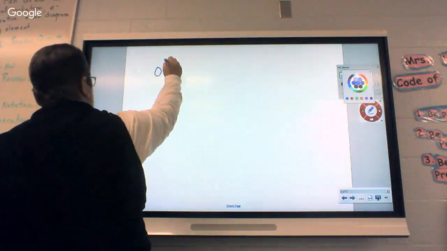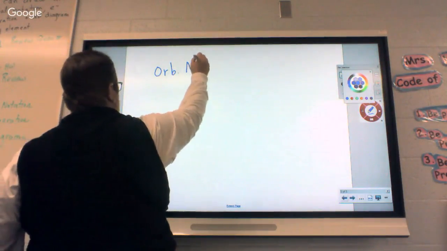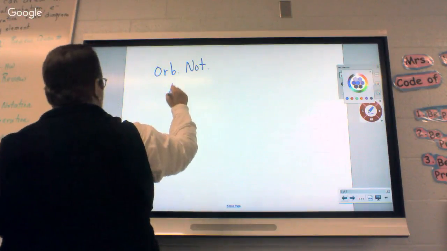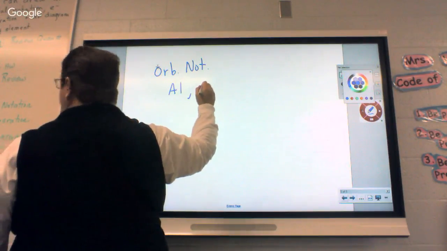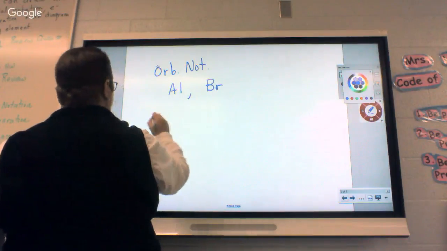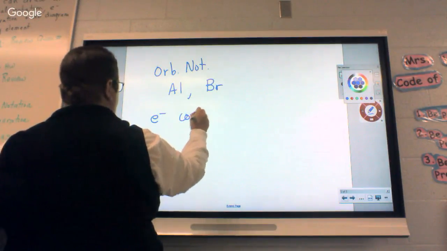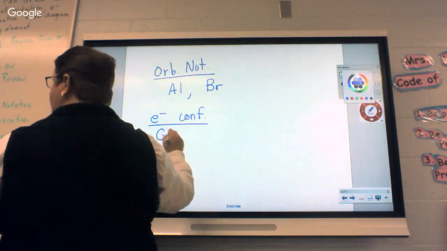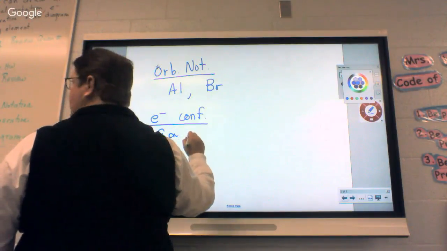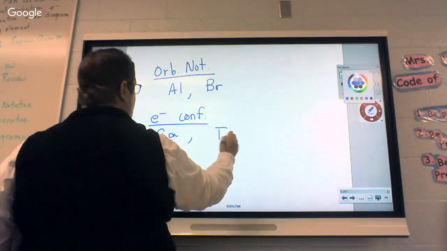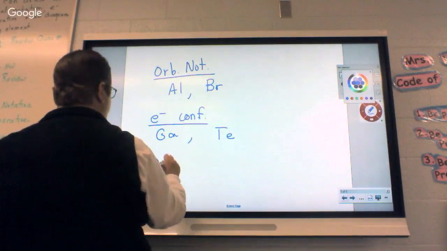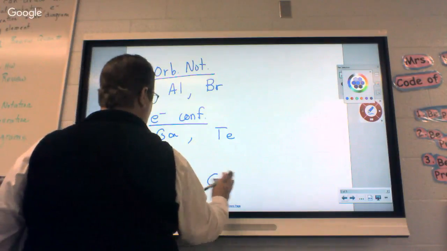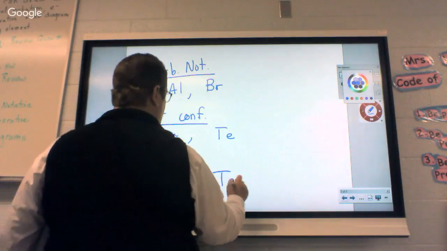All right, so for homework tonight, for orbital notation, I want you to draw aluminum, and I want you to draw bromine. For an electron configuration, I want you to draw gallium and tellurium. For a dot diagram, I want you to do aluminum and gallium, no, and tellurium.